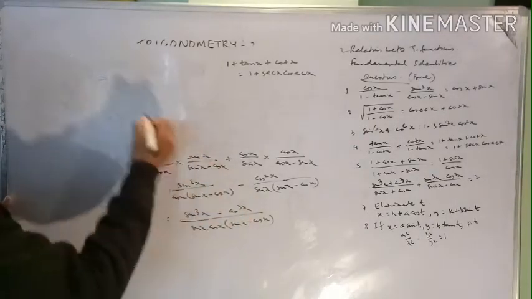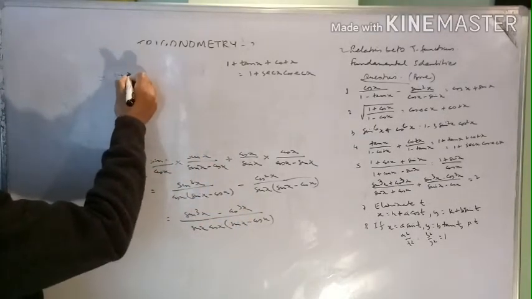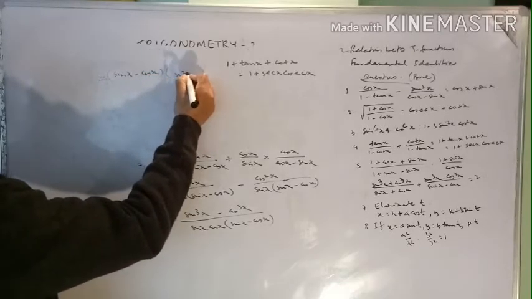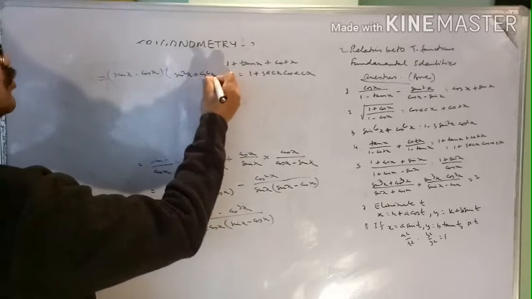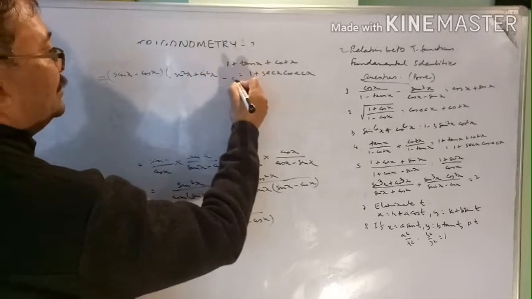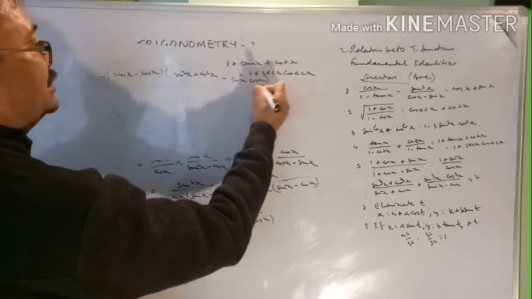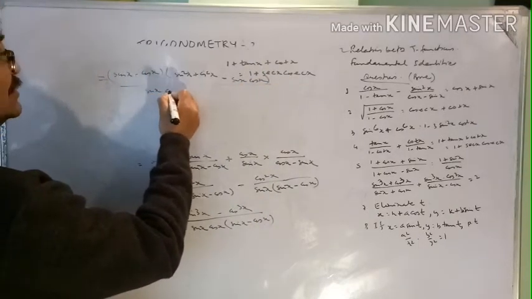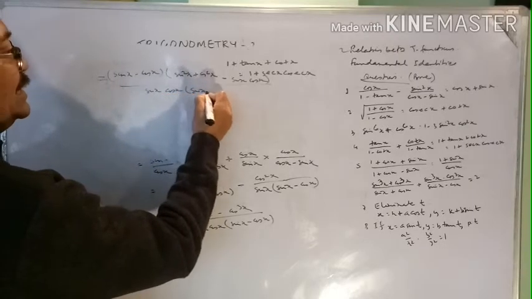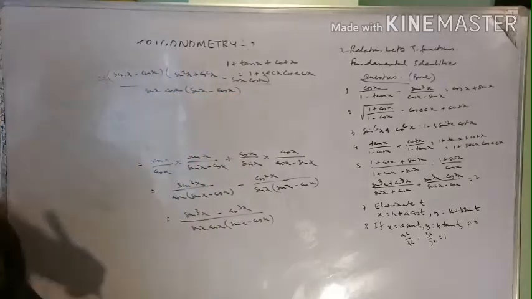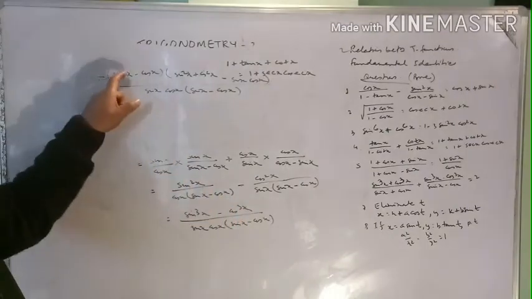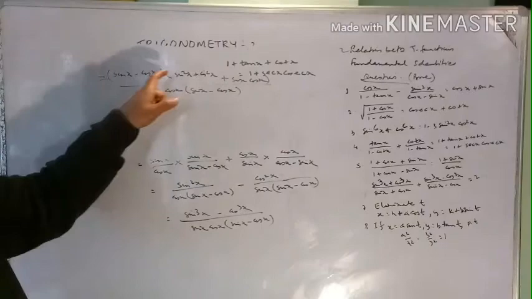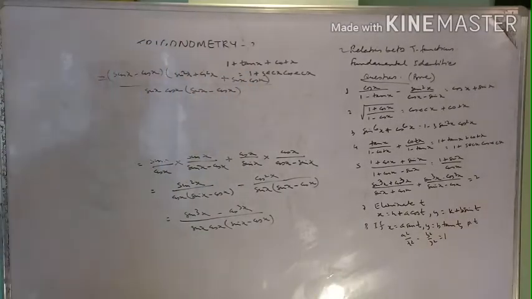So a cube minus b cube is a minus b, then a square plus b square plus sin x cos x, divided by sin x cos x into sin x minus cos x. A cube minus b cube is a minus b into a square plus ab plus b square, that's the formula.